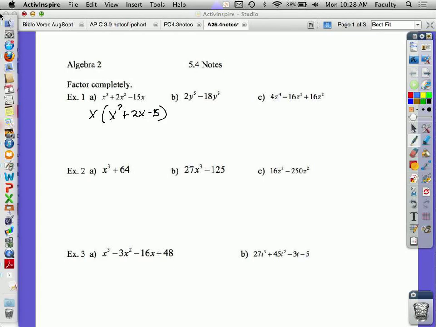Now try to factor that trinomial. You get x plus 5, x minus 3, okay?